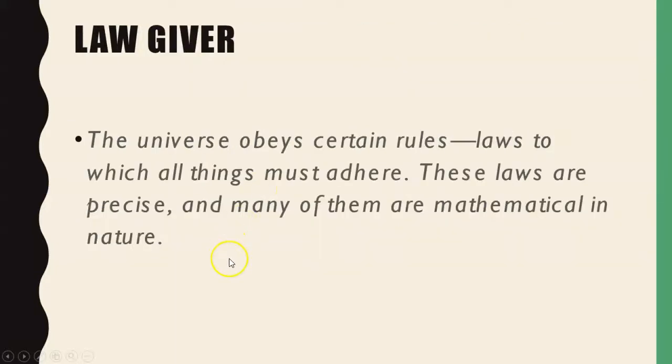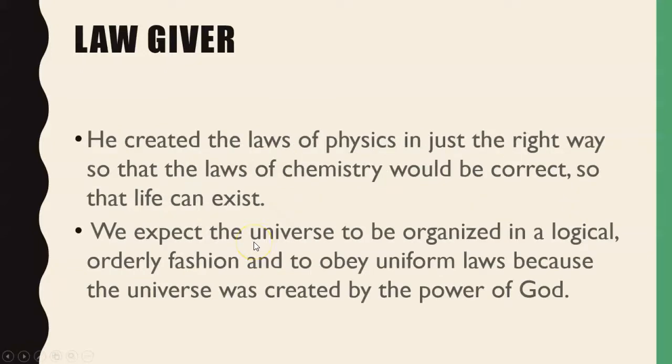Now, the fact that the universe obeys certain rules, laws to which all things must adhere, these laws are very precise, and many of them are also mathematical in nature. Which means that there had to have been a lawgiver, and we're going to take a look at more of that throughout this unit.